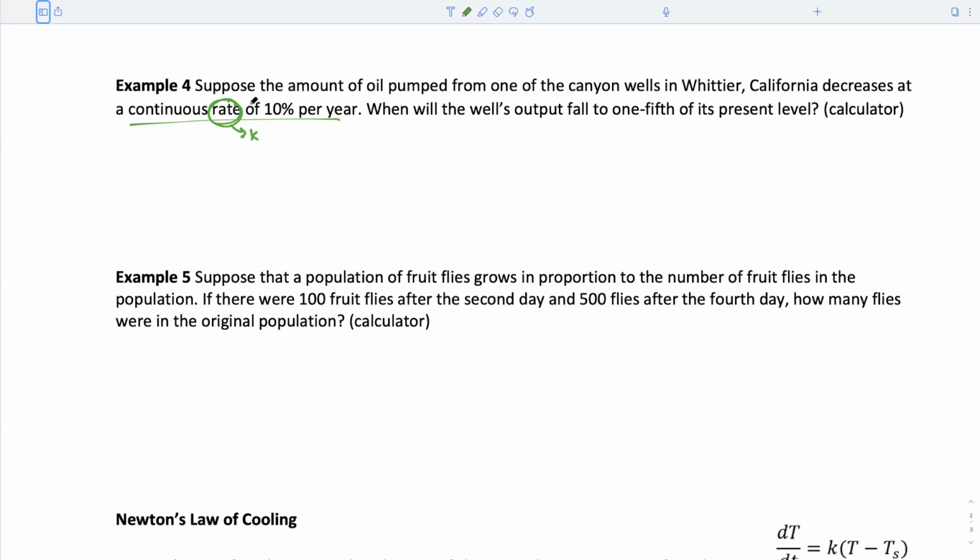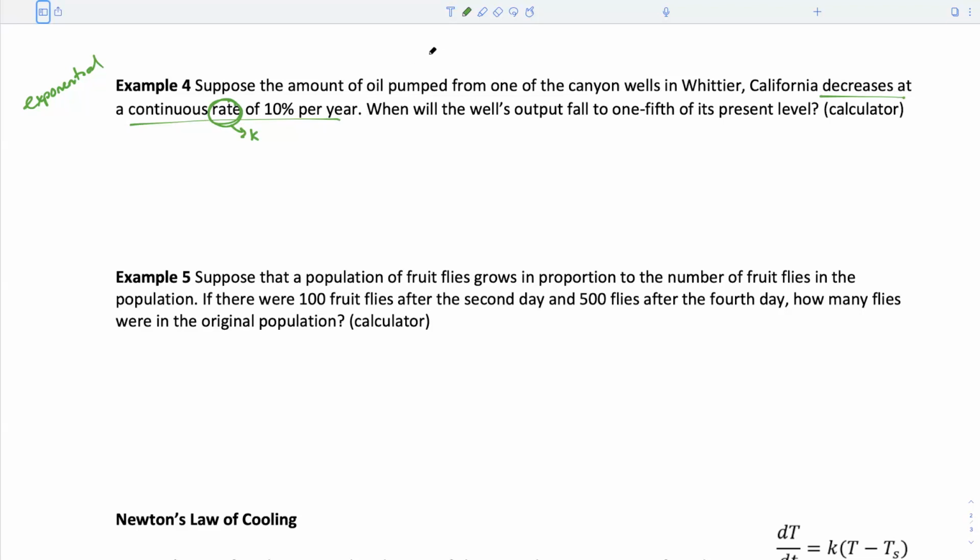Looking at this problem, you have to know that this is going to be an exponential problem. Now, it wasn't similar to what they were saying in the previous ones, right? But we know that if something decreases at a continuous rate, that means it is going to be a proportional decrease all the way through.